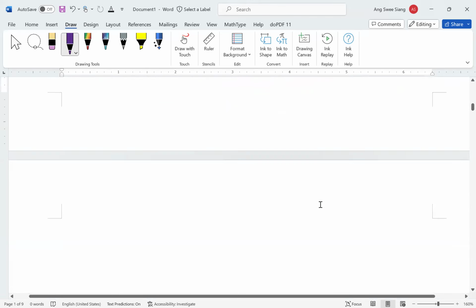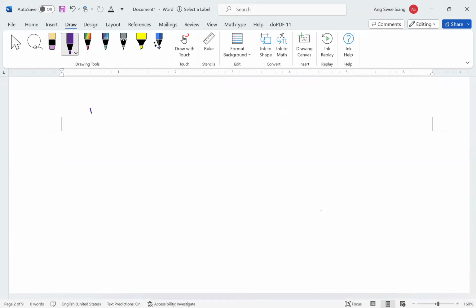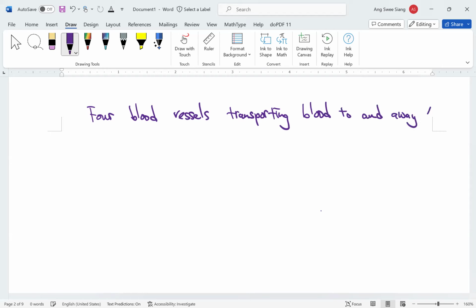Let's start with the heart first. There are four blood vessels transporting blood to and away from the heart.